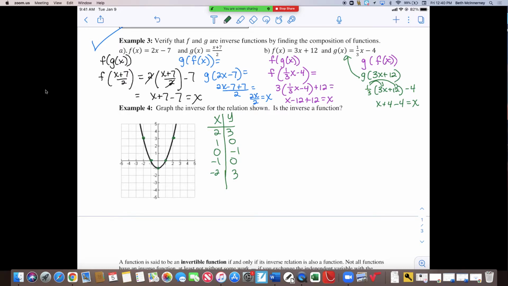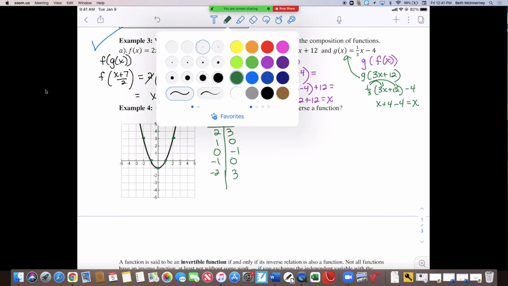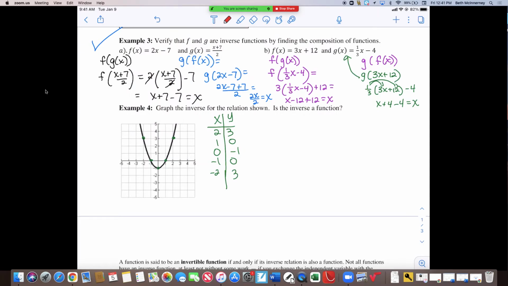So what I do, if I have a graph and I want to graph the inverse, I pick as many dots as I see and I write them down in a table. Then what do we know about an inverse? You flip them.